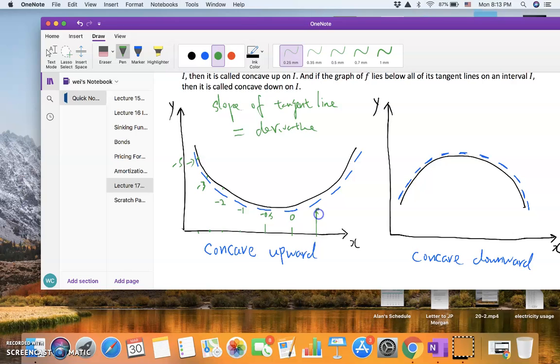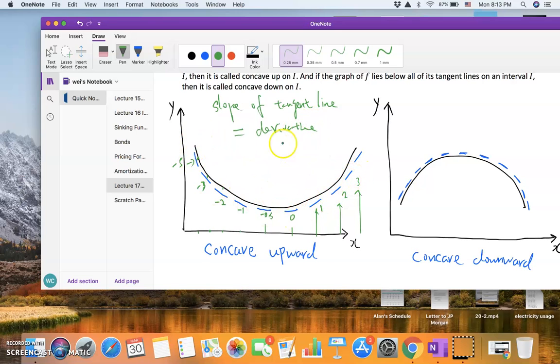For this one, since the tangent line rises from left to right, the slope is going to be a positive number. Let's say it's +1, and this is +2, +3. So we can see the slopes are getting bigger and bigger, which means the derivatives are getting bigger and bigger.